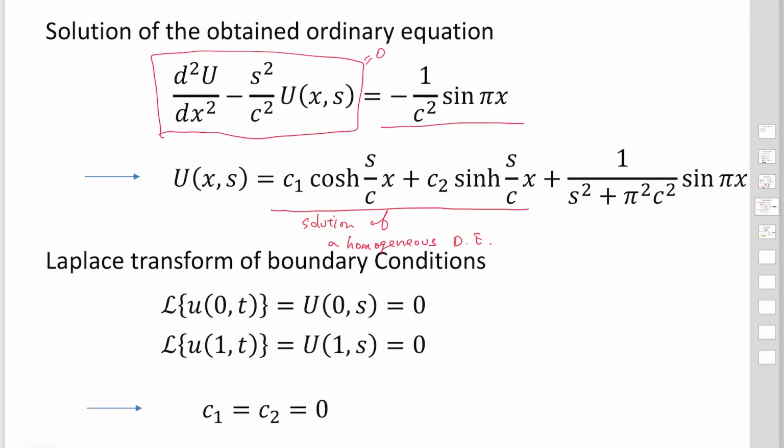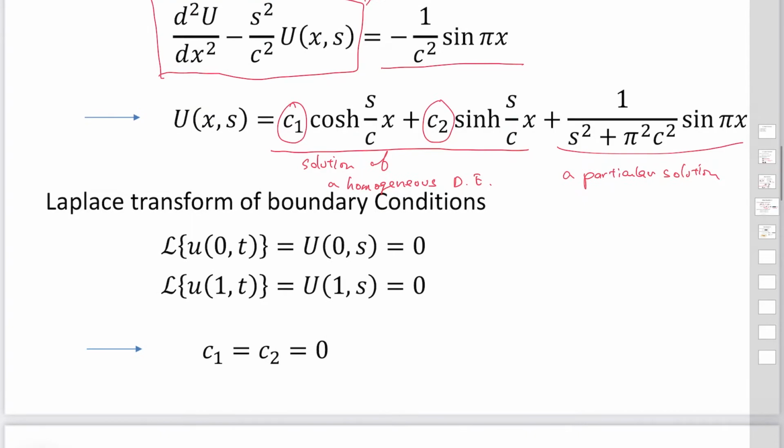The third term corresponds to the particular solution. By summing the homogeneous solution plus the particular solution, we get the solution of the ordinary differential equation. Then we'd like to determine c sub 1 and c sub 2 using the boundary conditions.